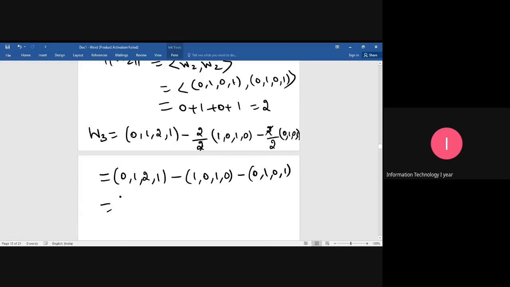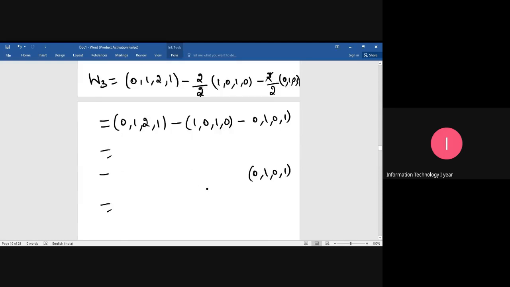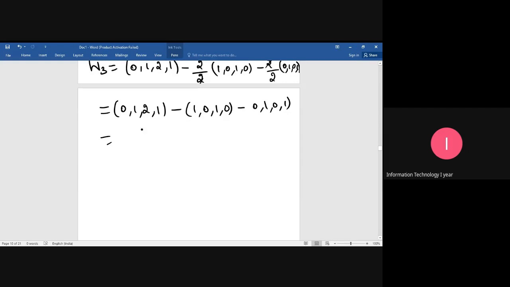So now find out the subtraction. First element is 0 minus 1 minus 0. Second element is 1 minus 0 minus 1. Third element is 2 minus 1 minus 0.